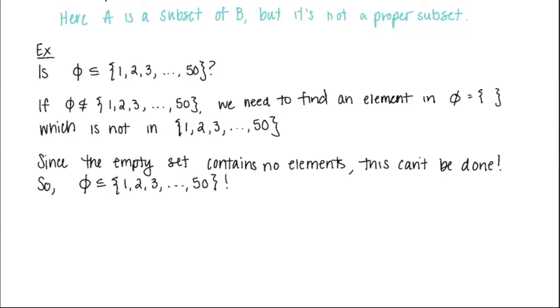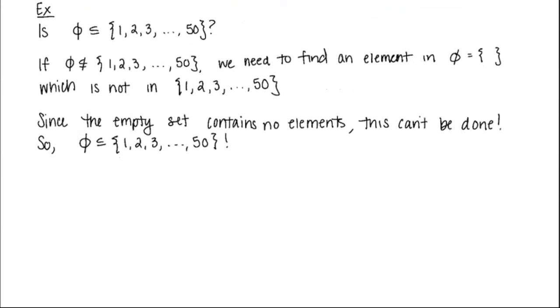Okay. And so that's really, really strange to think of, that this is a subset. But really, it didn't matter what I put here. No matter the elements, there is no physical way I can find something in the empty set that is not in whatever set I put over here.